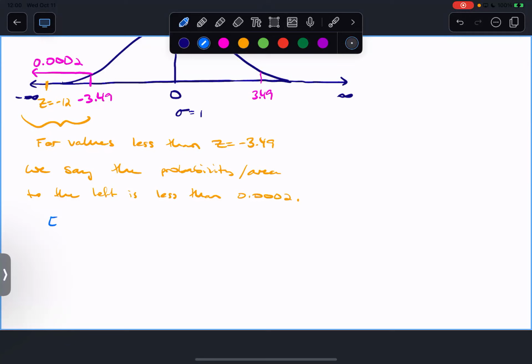So just as an example, the probability that Z is less than negative 12.